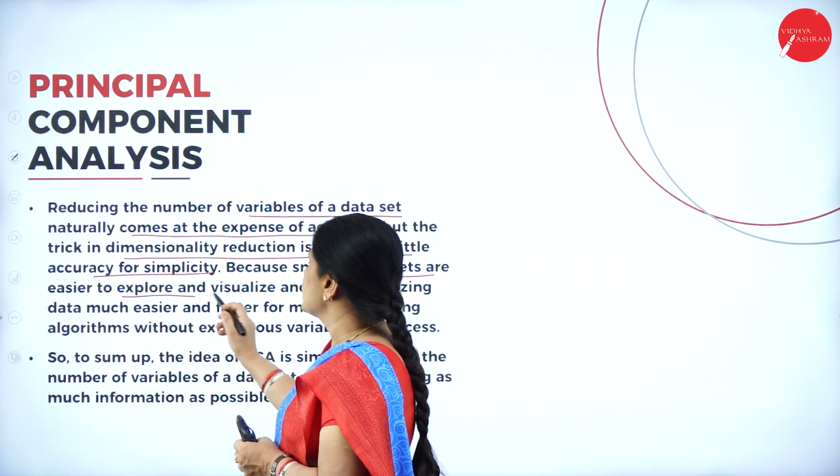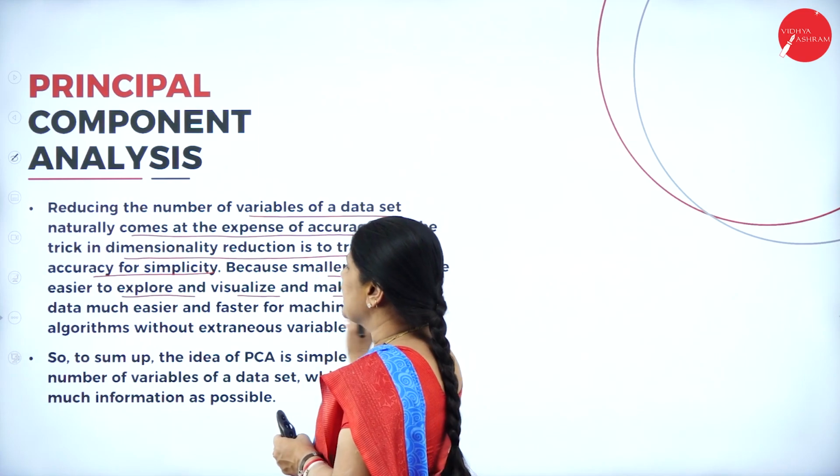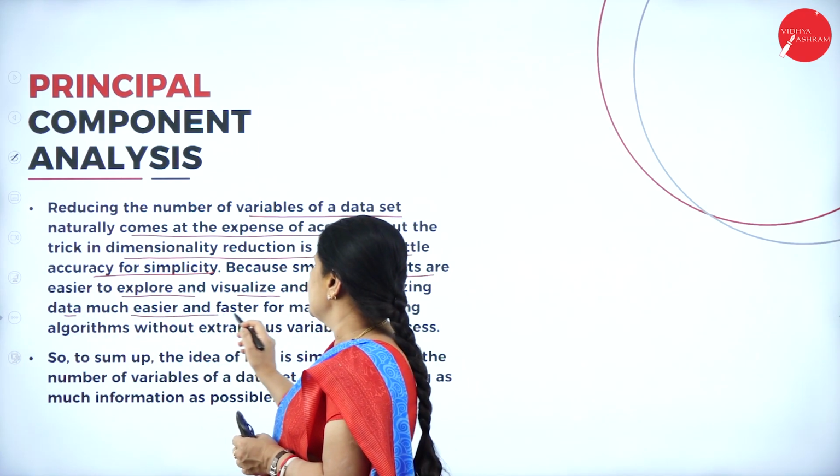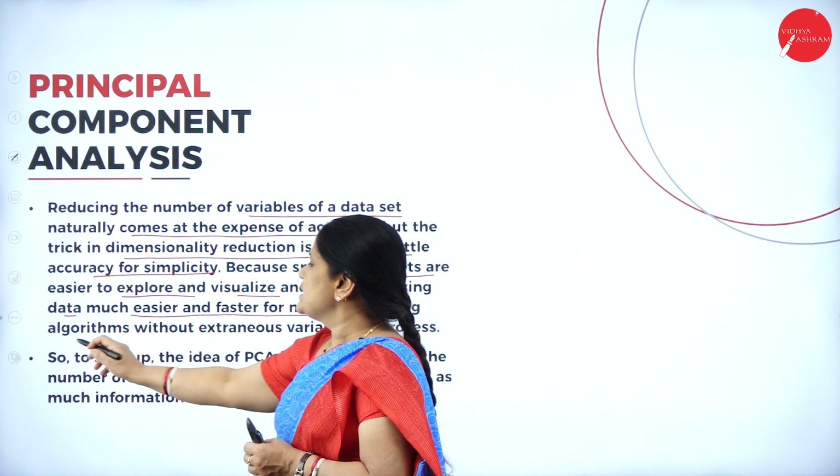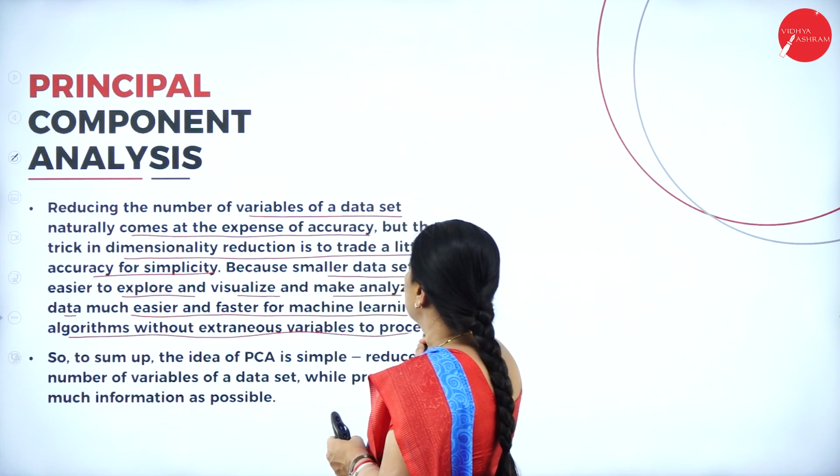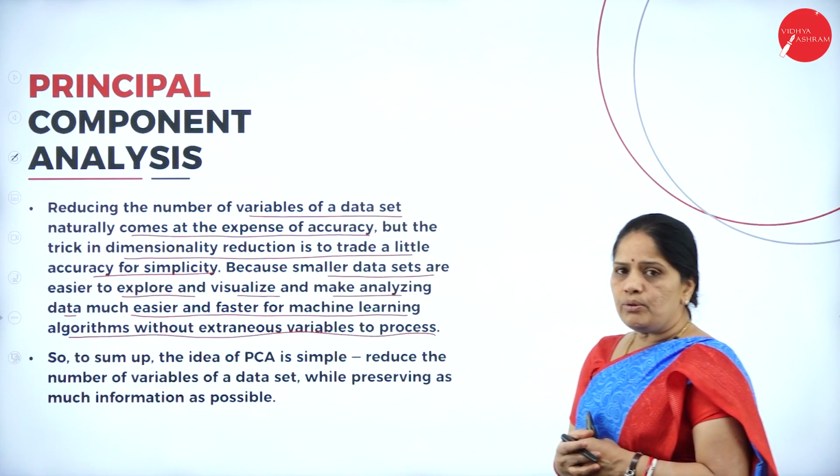In order to simplify things, we have to lose a bit of accuracy, because smaller data sets are easy to explore and visualize and make analyzing data much easier and faster for machine learning algorithms without extraneous variables to process.